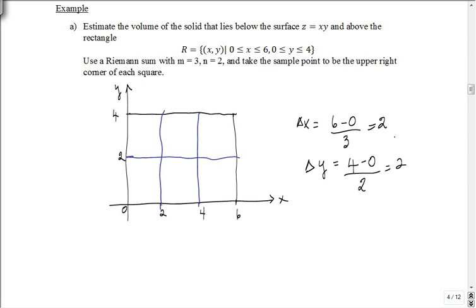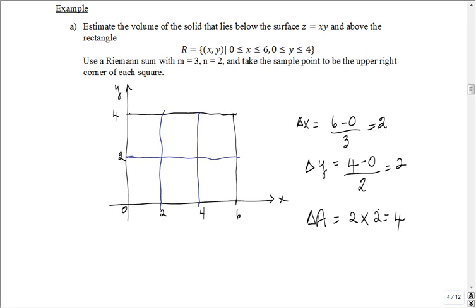I did the calculation, but if you drew it, you could have seen from the figure that it's 2 by 2. I just did it so that you could understand the calculations. And so delta A, the area of each of these subrectangles, would be 2 by 2, which is 4.